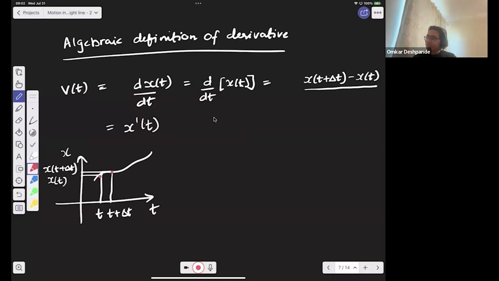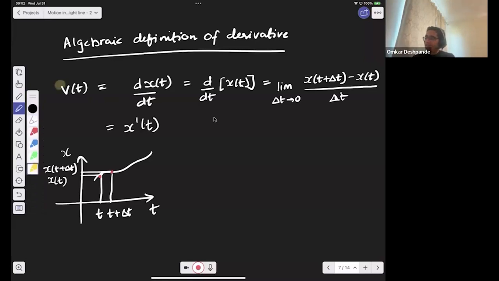And so delta x would be this difference, divided by delta t, the time interval. If we take this ratio and we let delta t approach 0, this is the algebraic definition of the derivative.